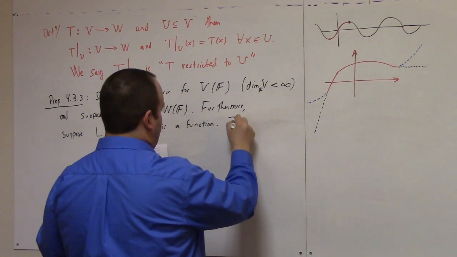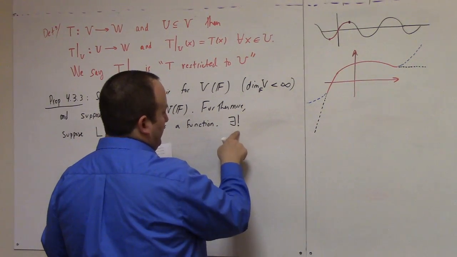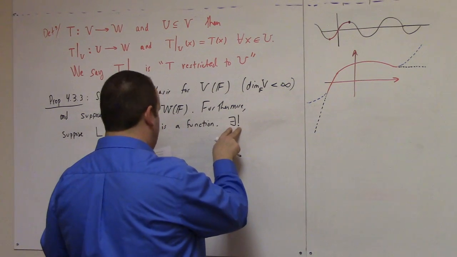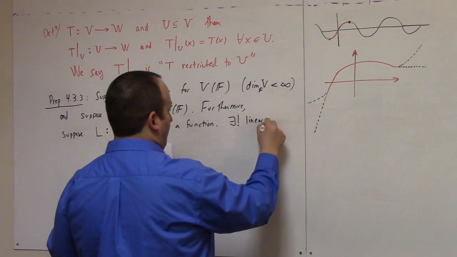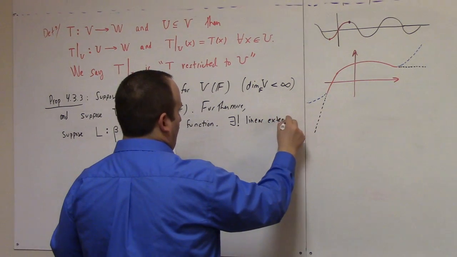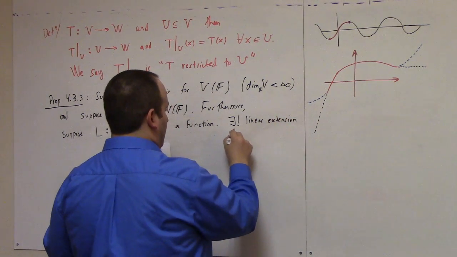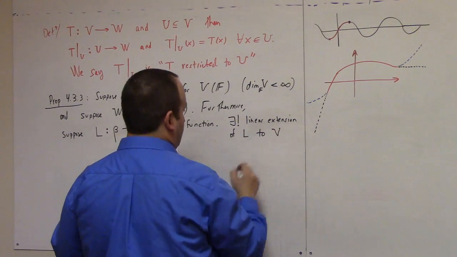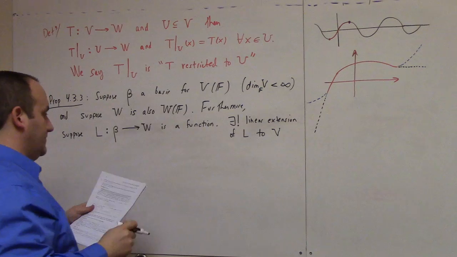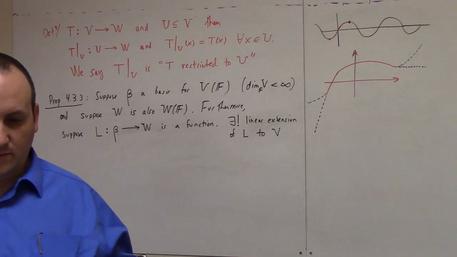There exists a unique, and there exists with an exclamation point means there exists a unique linear extension of L to V. In other words, to be more precise, what do I mean by that?